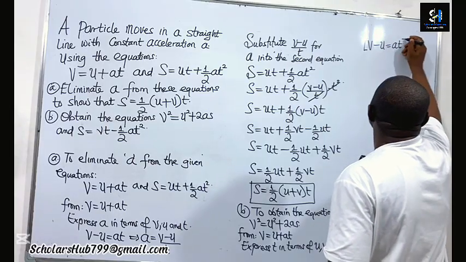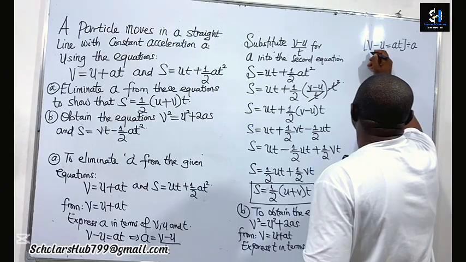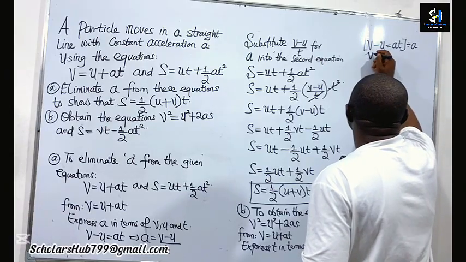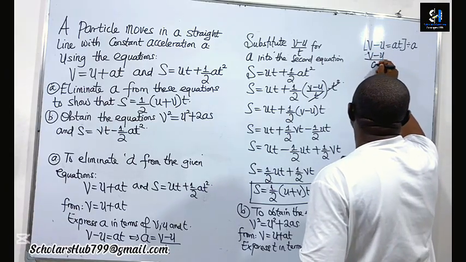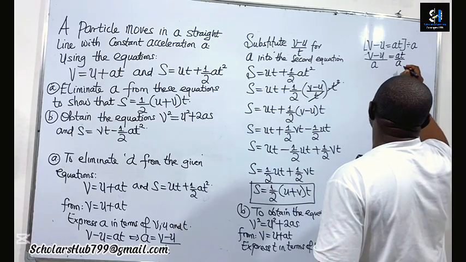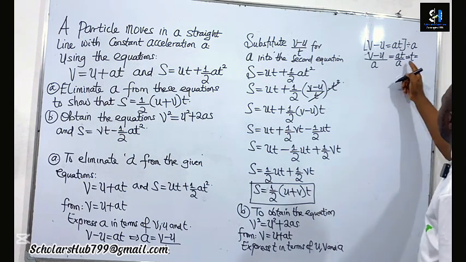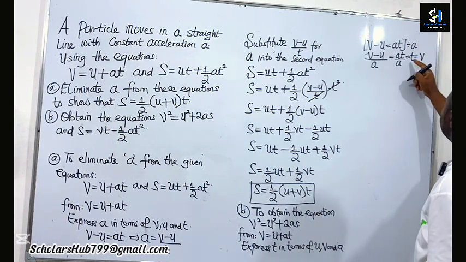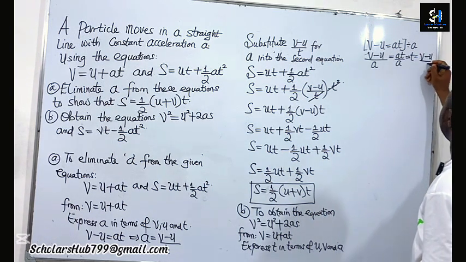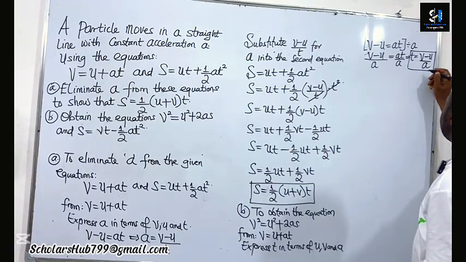If we divide this equation by a, this will be v minus u over a equals at divided by a. So the equation for time t will be t equals v minus u over a, where a is constant acceleration.